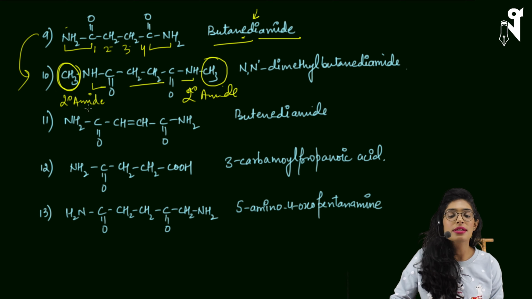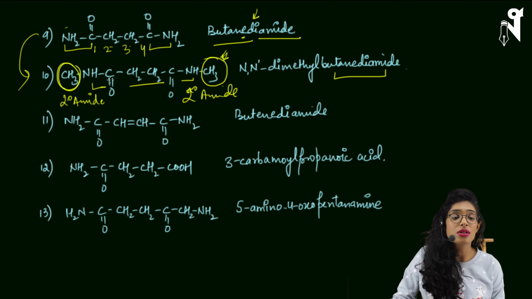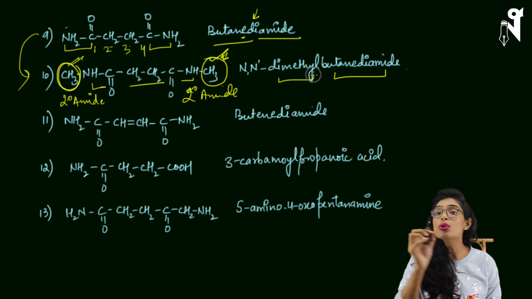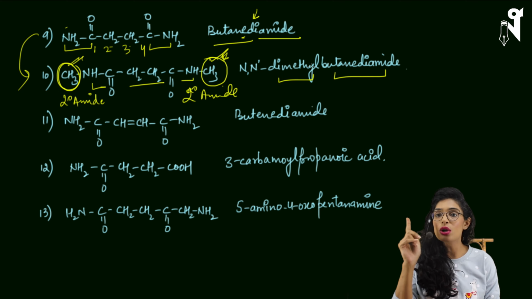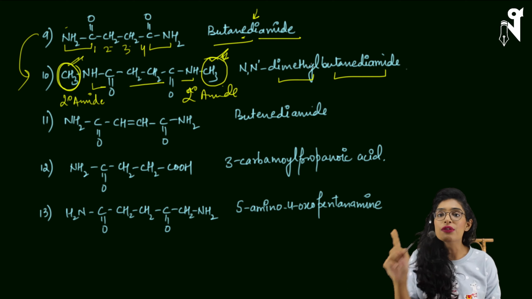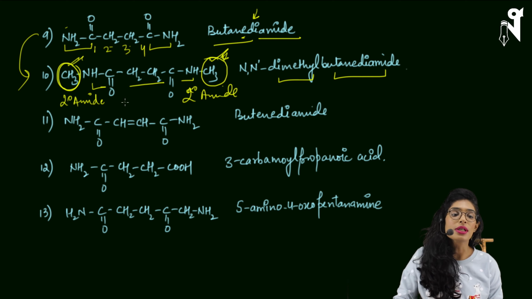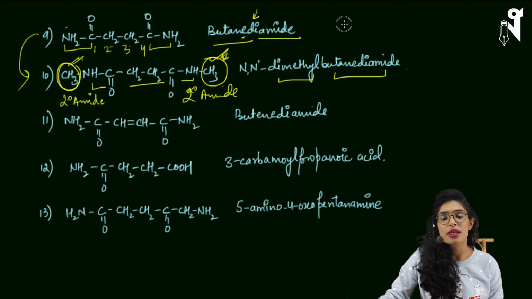So how will you be mentioning these branches? First of all, let's write the same name, butanediamide. Now we have to take care of these two branches. The branches are one methyl here and one methyl at the other end, so we will just write it as dimethyl. Now how do we represent that these two methyl groups are not on one nitrogen but on two different nitrogens? Let's mark one nitrogen as N and another nitrogen as N dash.